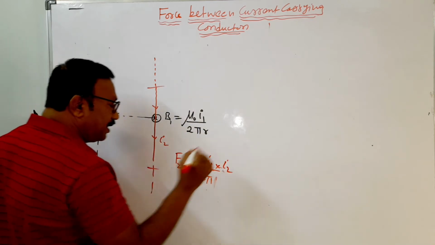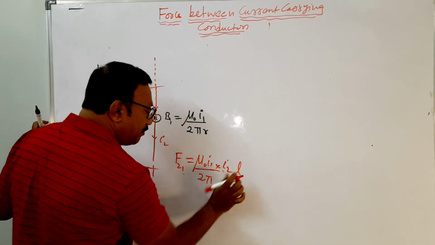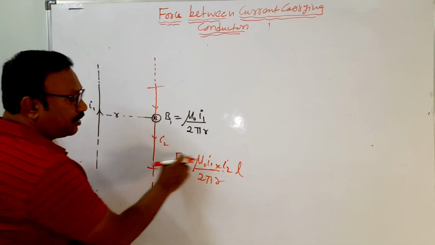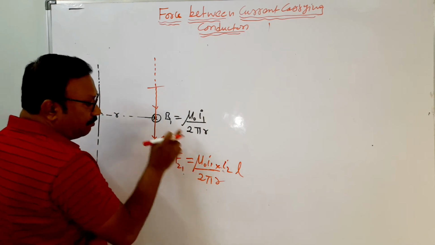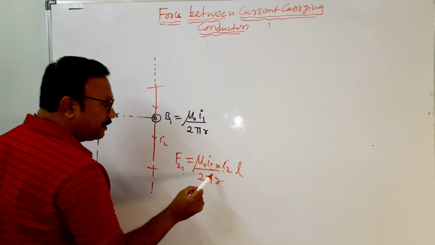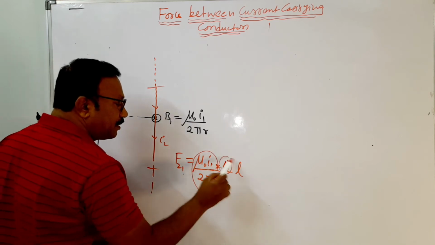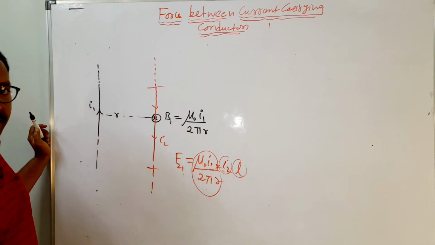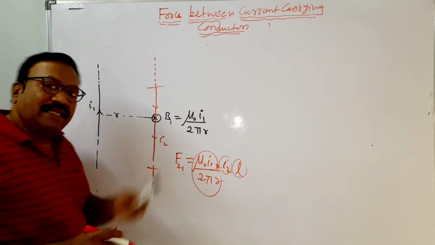I'll consider some length L, with B equal to mu naught I by 2 pi r. I substituted I and L. B I L sin theta, sin 90.